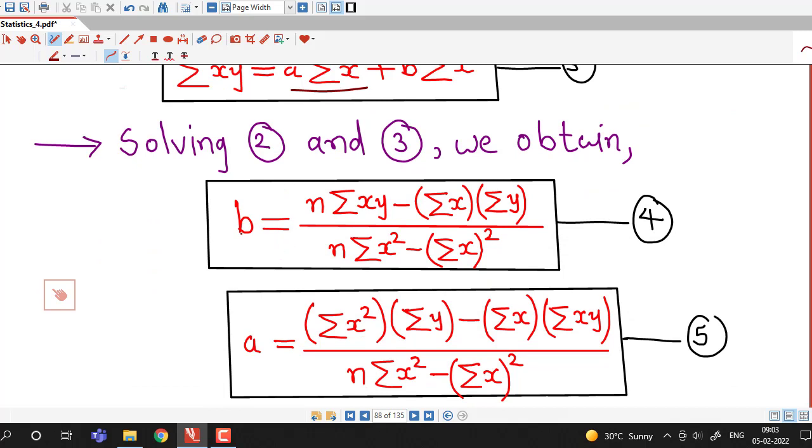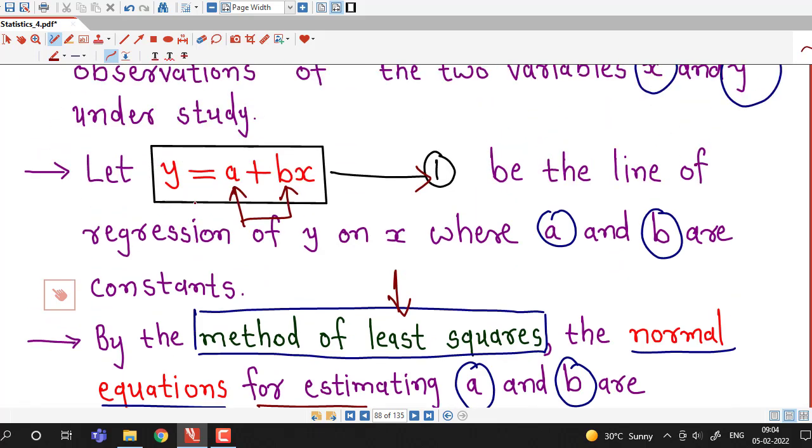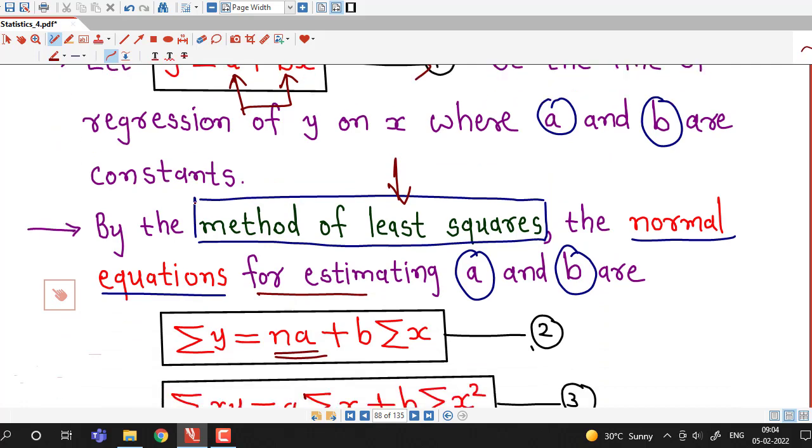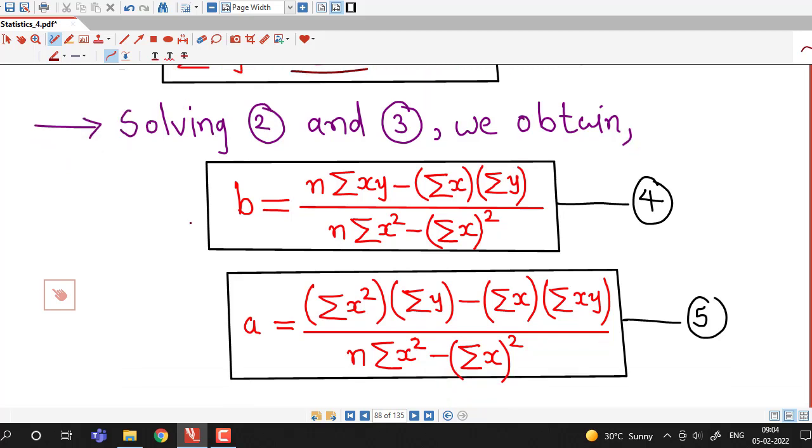Now in an examination, if they specify to find the line of regression using the method of least squares, then you have to use this method only to obtain the line of regression of y on x or x on y. But if the method is not specified, then we have some shortcut methods for obtaining the line of y on x or x on y. This method is not tedious if values of x and y are small or single digit.